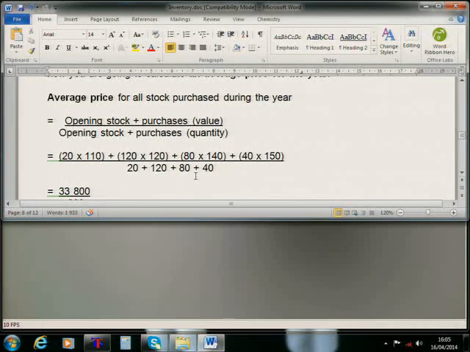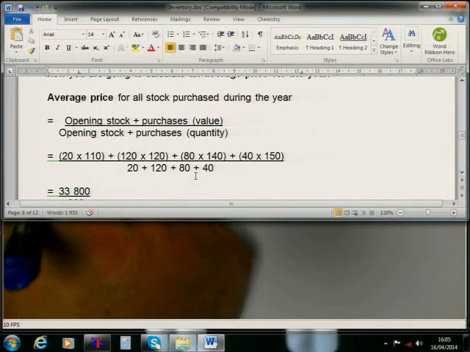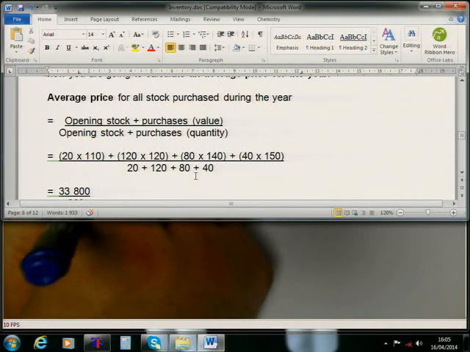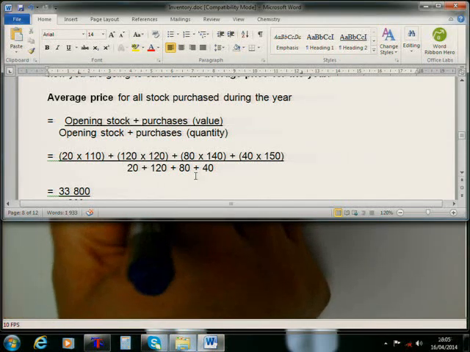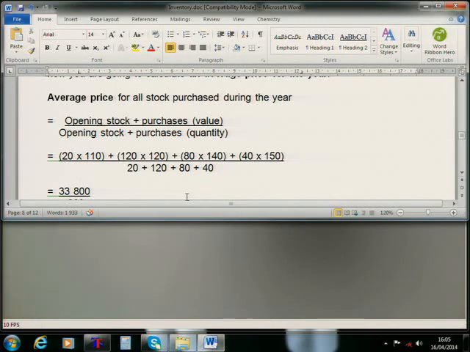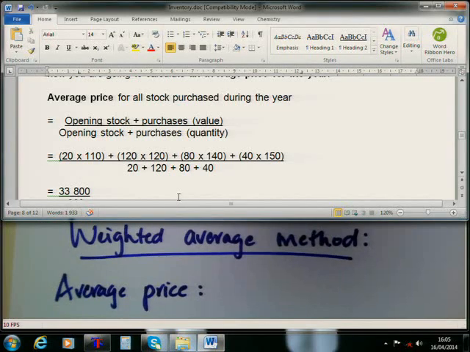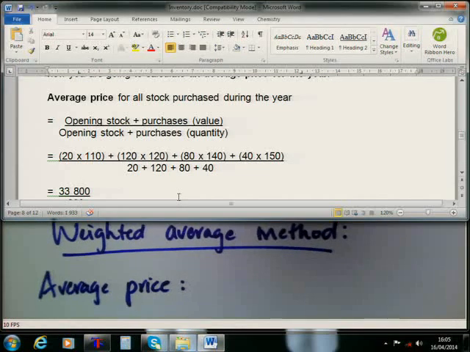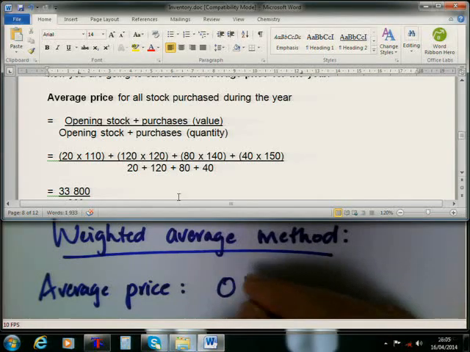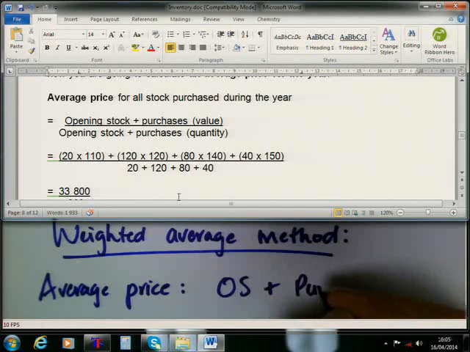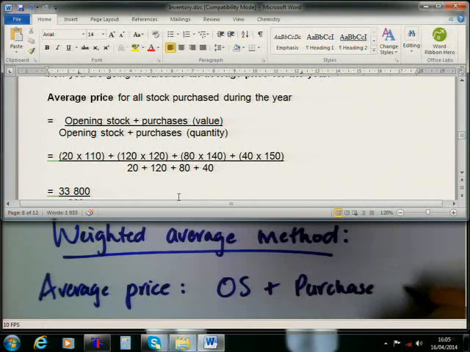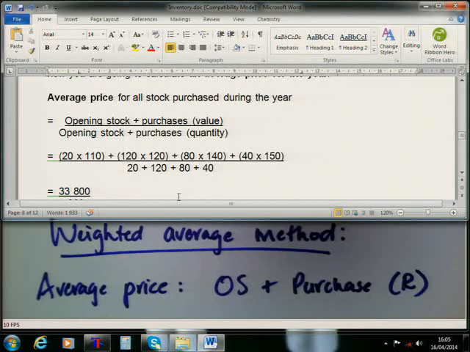You are going to do a calculation on the following. You're going to work out your average price first by doing the following. You put the opening stock plus the purchases in value on top, and there we talk about the value of that.